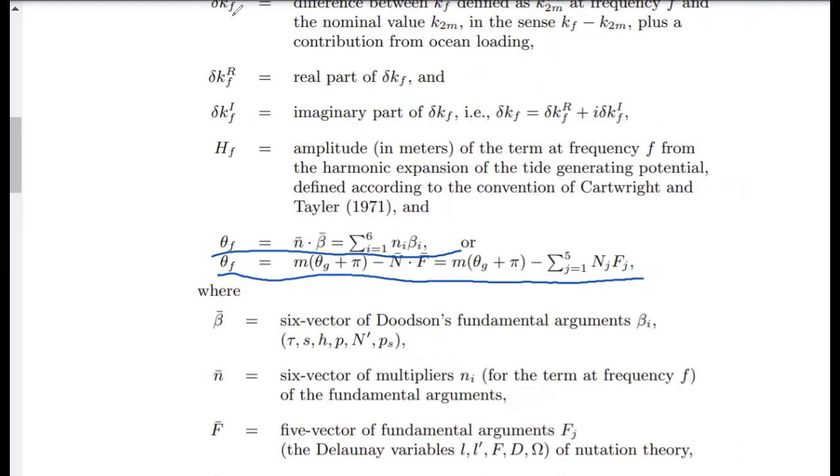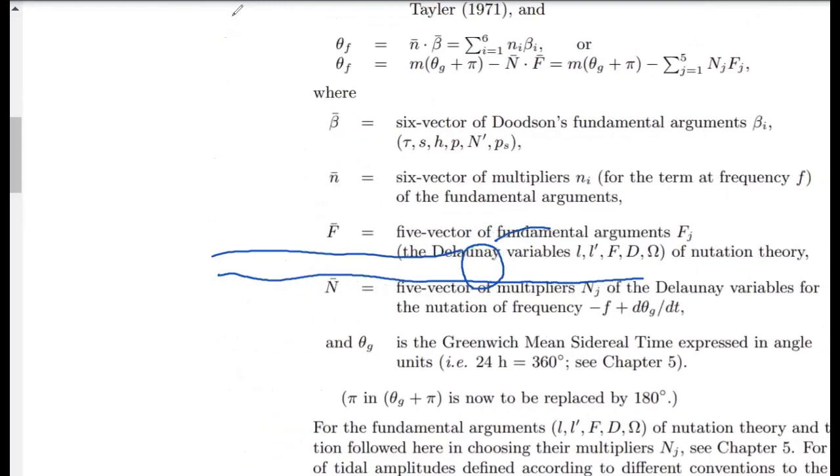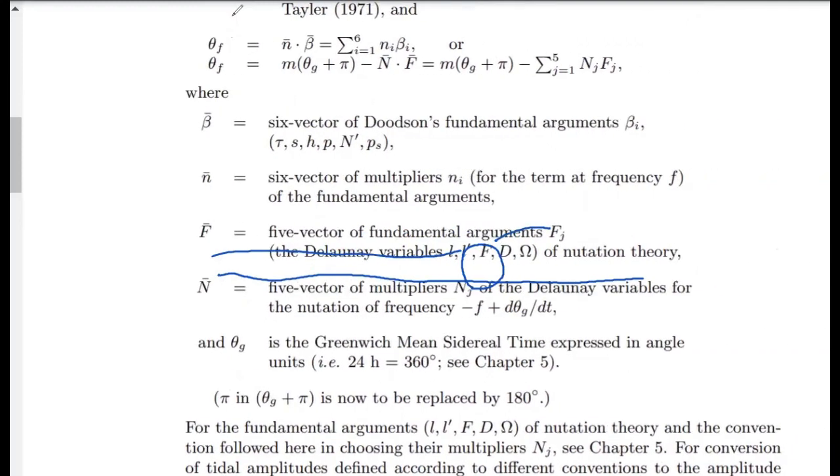This delta G is, in fact, look at the definition here. Greenwich Mean Sidereal Time, GMST. Theta M is the GMST. There's a formula for computing that.